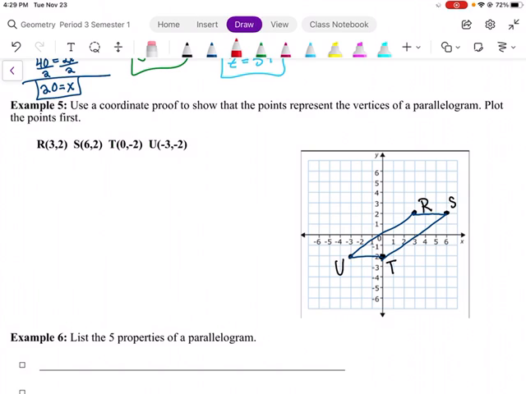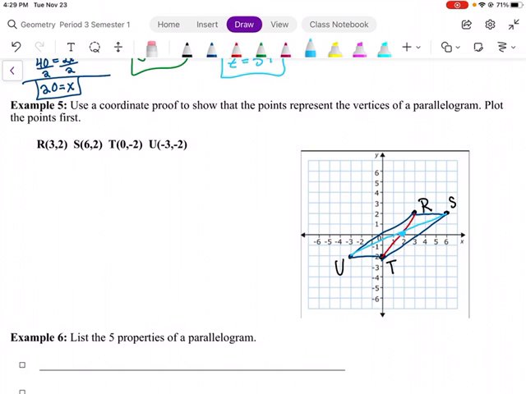So one thing that we were told about parallelograms is that the diagonals, when drawn in, bisect each other. So you don't have to draw these in on your image, but it is nice to have the visual. So we know these are going to bisect each other, which means that they both are going to have the same midpoint.